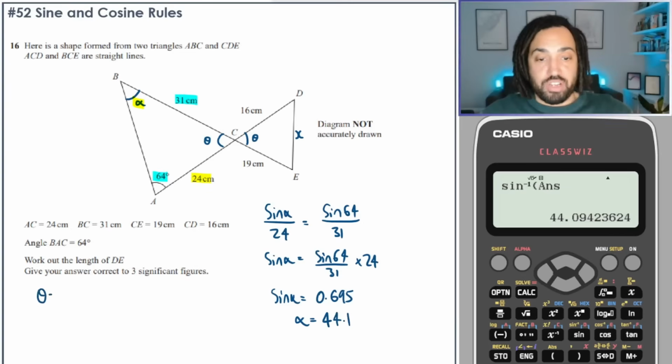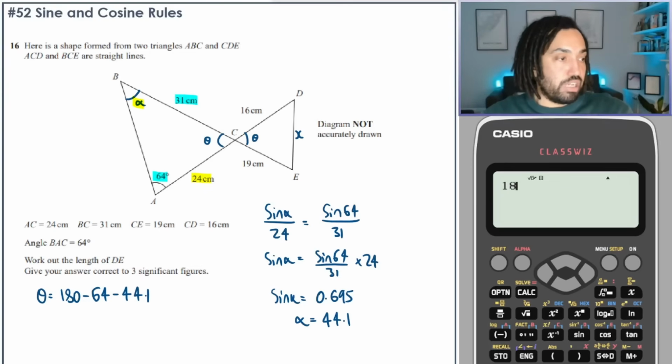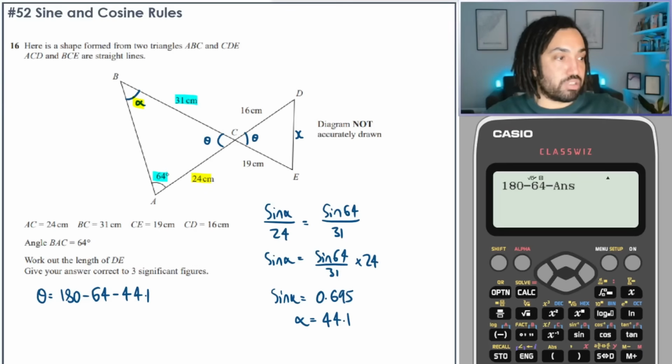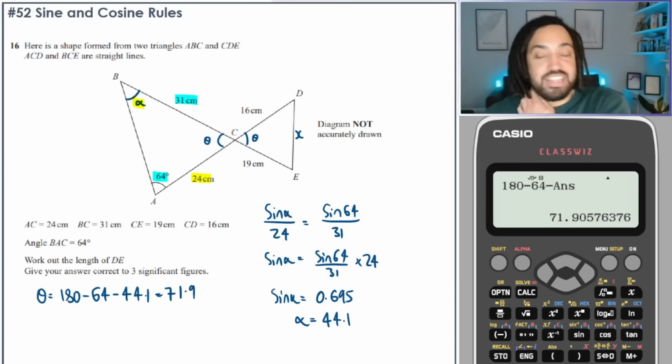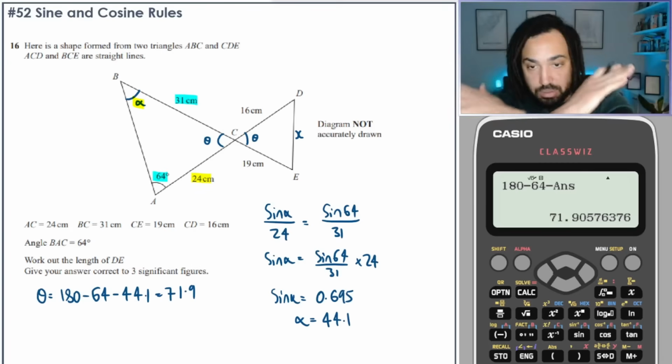So then we can find theta because that is 180 minus the other angles in that triangle, which we have worked out to be 44.1 and we know is 64. So we do 180 minus 64 minus that previous answer, and we get 71.9. Sorry, yeah, 71.9, that's right.